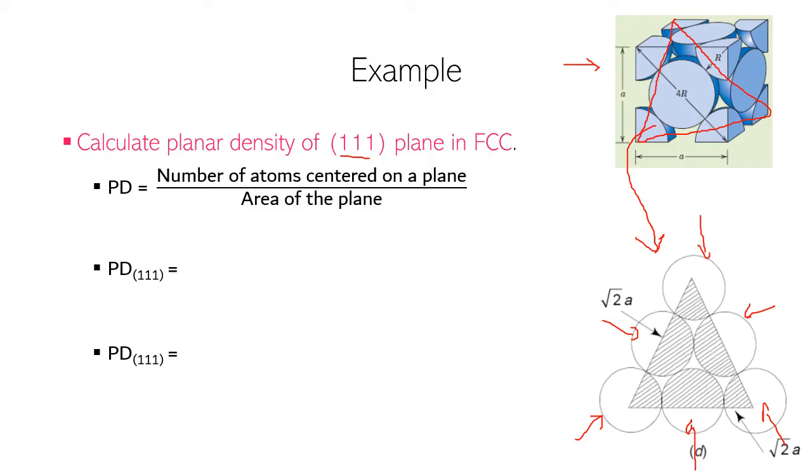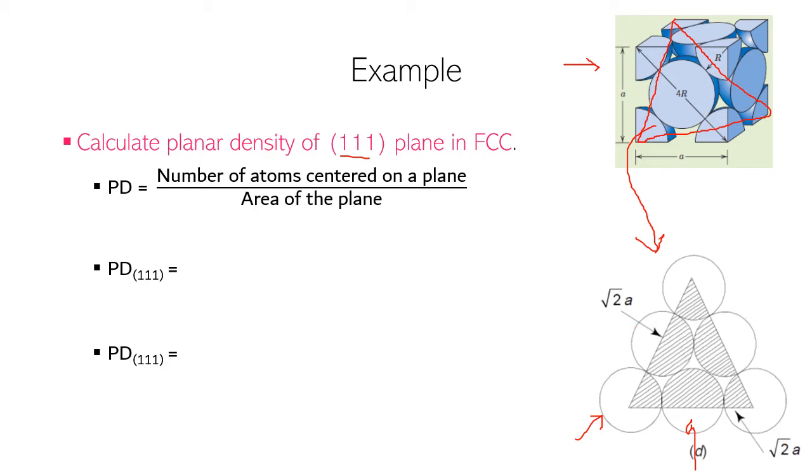So not a complete atom, but some portion of them lies inside the 111 plane. So now we want to find out how many total items are contained or lie inside this plane. So let us do that.